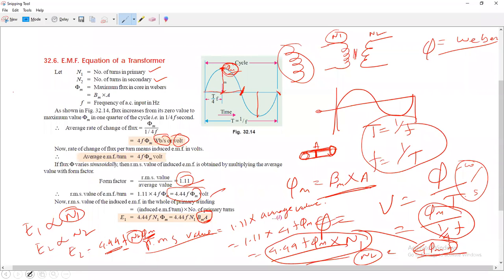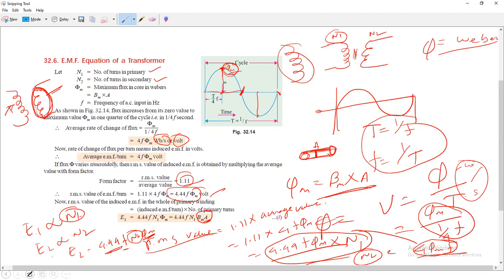Suppose we need the step down transformer, so if the secondary part turn decreases, secondary part voltage decreases. Turn decrease, voltage decrease. Turn increase, voltage increase. Suppose this turn increases, so this section voltage increases. This section we need the voltage to decrease, so we must decrease the turn. If you decrease the turn, then this section voltage decreases.